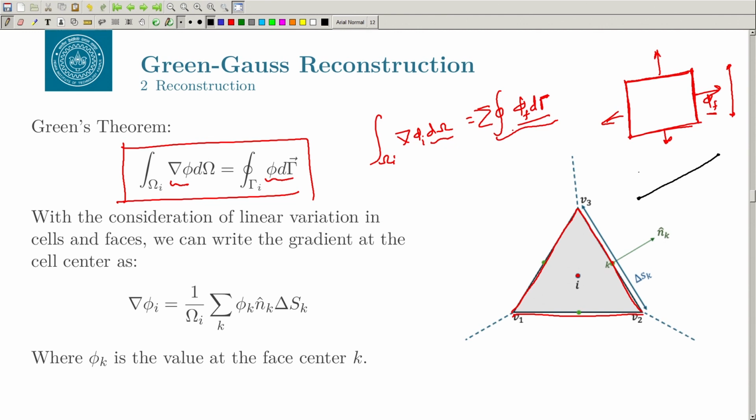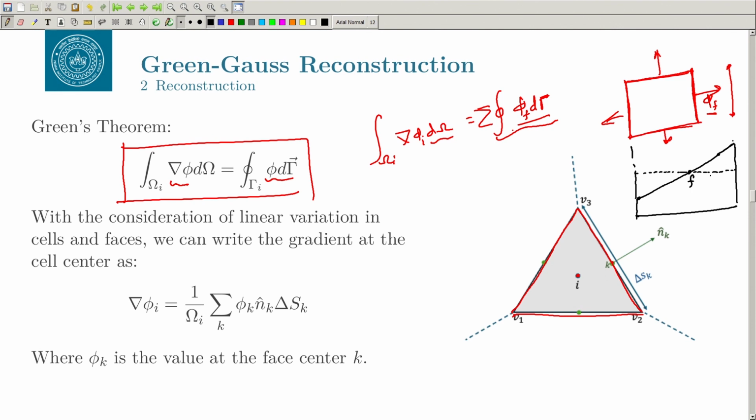If you want to calculate the term phi f d sigma, this is your variation, and this is the center of the face. I call it f. This is my center of the face.